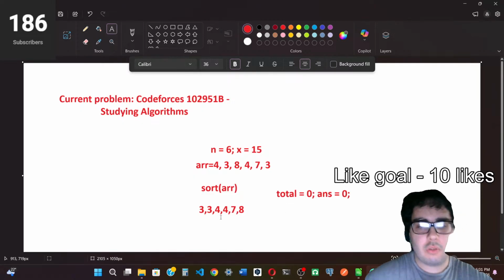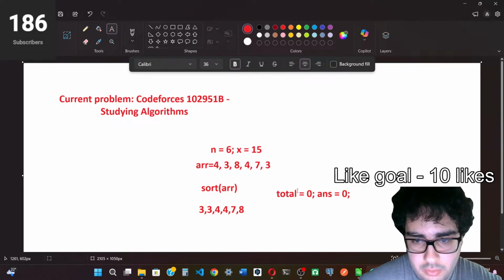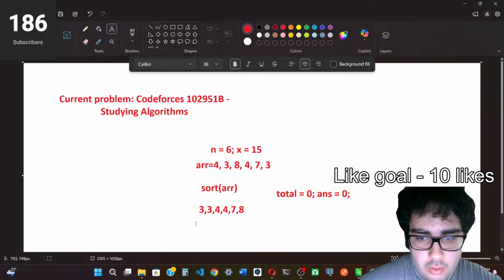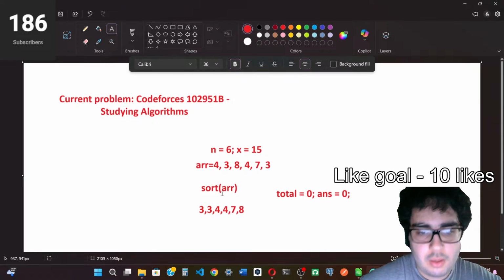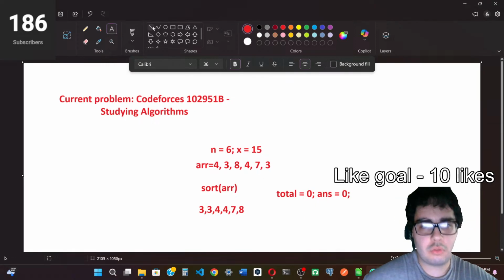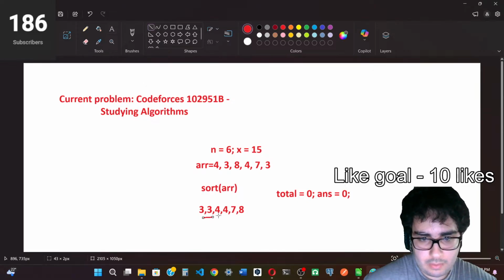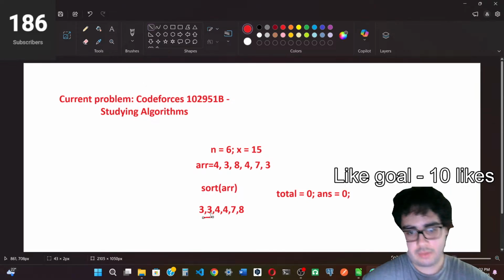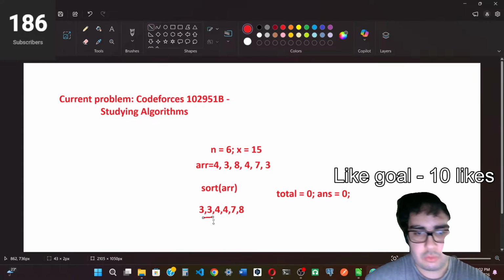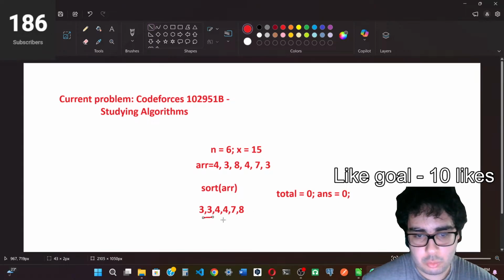On each iteration, while the total is less than or equal to 15, we keep adding to the total and incrementing the answer. So total plus 3 is less than or equal to 15, so we increment the answer. Now the answer is 1. Then total plus 3 again becomes 6. It's also less than or equal to 15, so we increment the answer. Now the answer is 2.